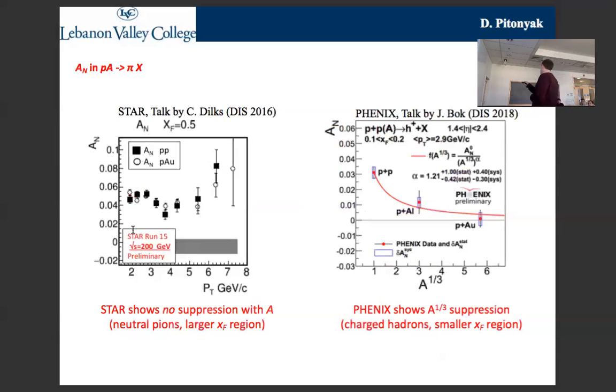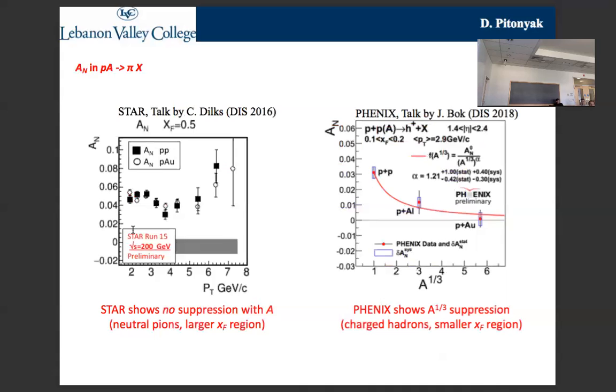Yeah, 1.4 to 2.4, exactly. So it is not really in a saturation regime, as the saturation scale should be, I don't know, 0.5 or something like that. So indeed that one doesn't work.